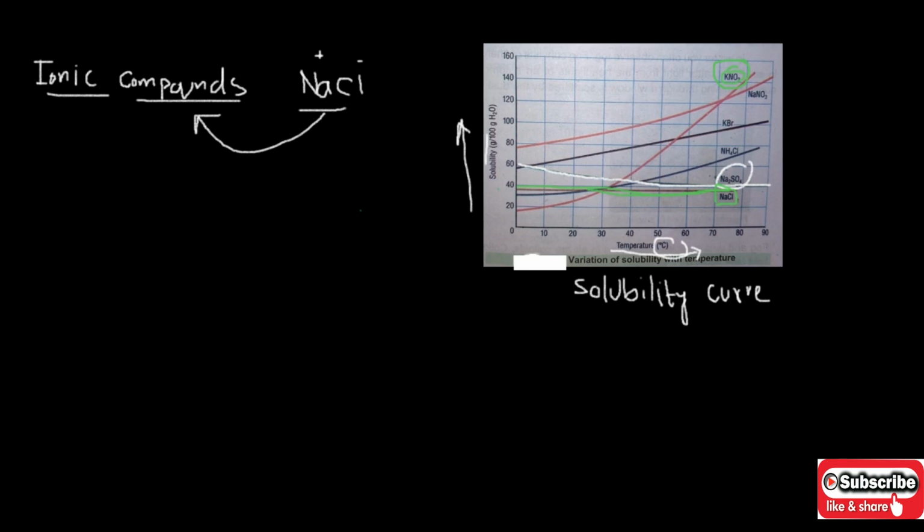It means that an increase in temperature dramatically increases the solubility of potassium nitrate.